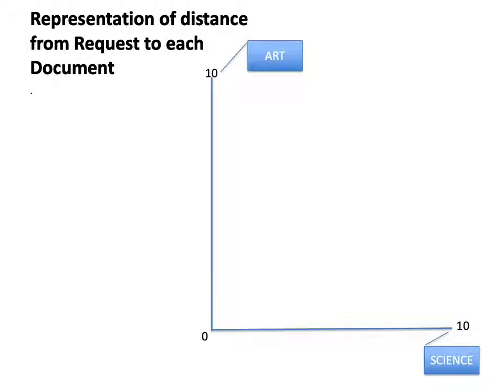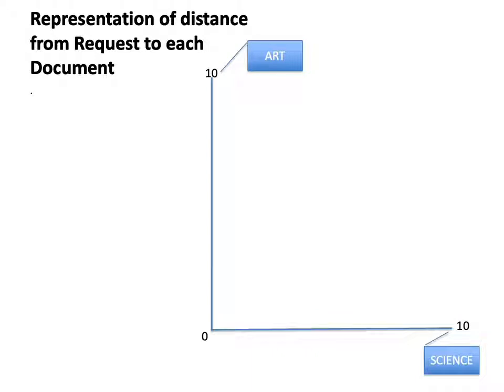So we're going to consider 2 vocabulary terms because we have only 2 dimensions, and those 2 terms are going to be art and science. Every document in the collection and every request that comes to the collection can only be posed in art and science, but we can give numbers to both.